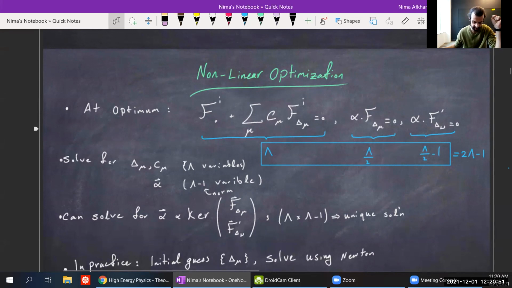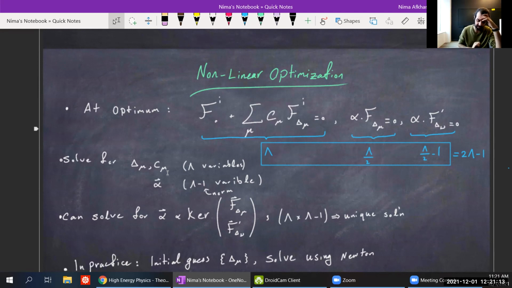And so I have lambda such variables here, and I'm also solving for the alpha. But the overall normalization of the extremal functional doesn't matter. So let me take away one variable by setting alpha 1 to be 1, for example.